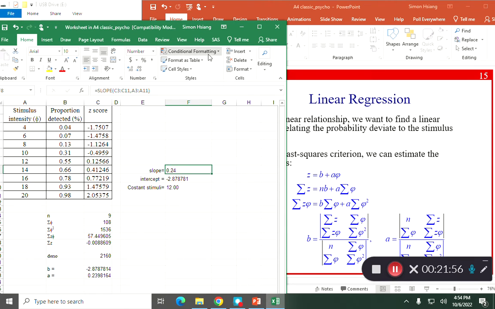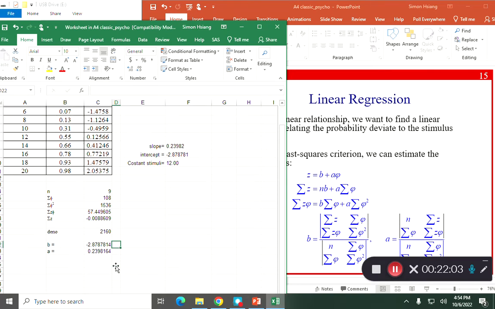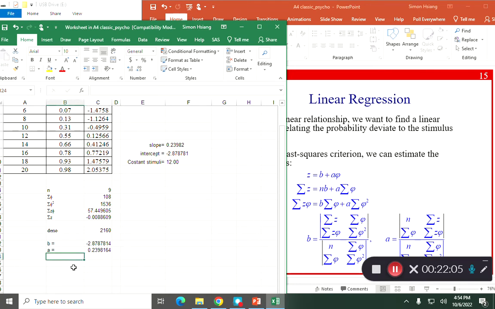And if you spread this out, that's the same thing. And what is your constant stimuli, CS? Your CS is equal to your intercept, and I need to put a negative sign out.